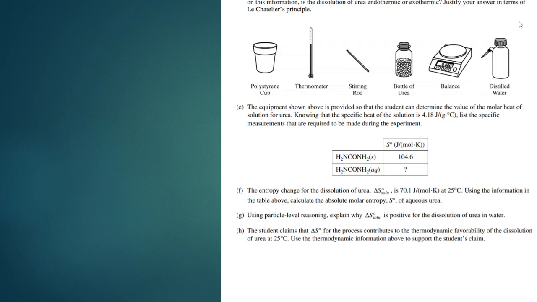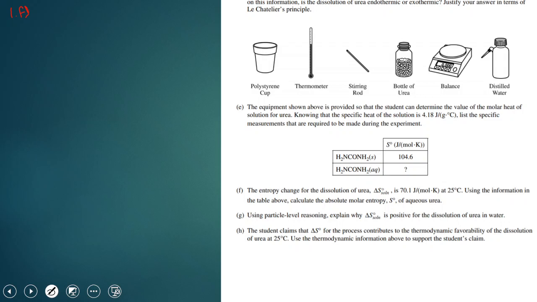Now moving on to question 1F. Now we start moving into the other parts of thermodynamics, specifically entropy. So we're told that the change in entropy is 70.1 joules per mole Kelvin, and we're trying to identify the absolute entropy of urea.